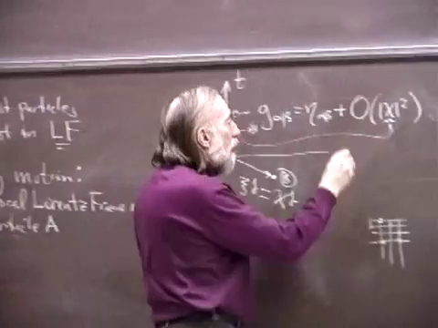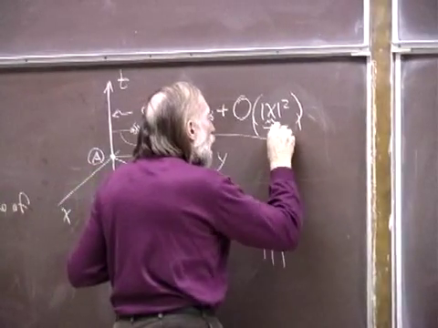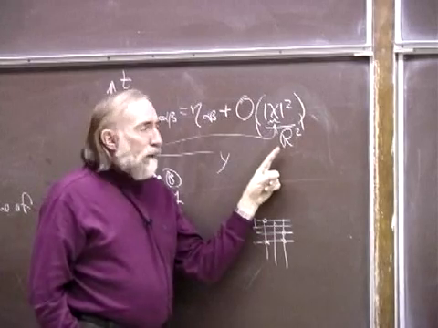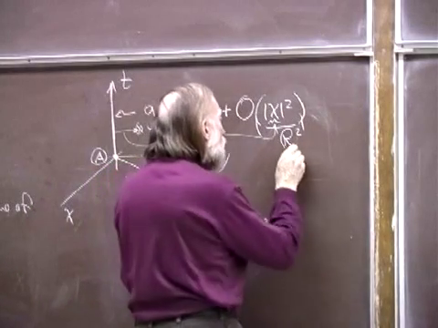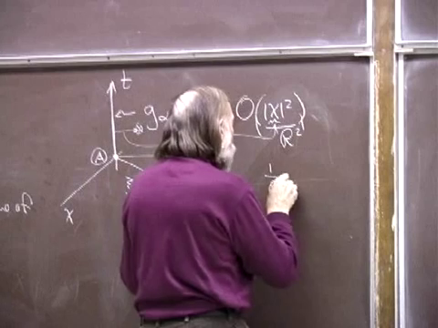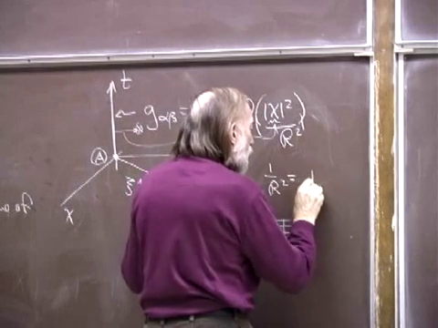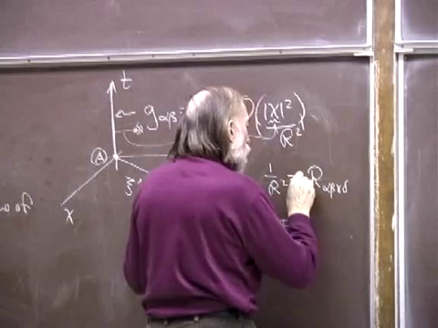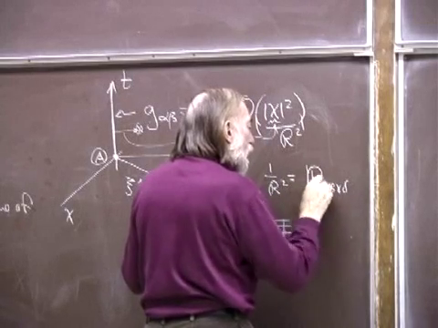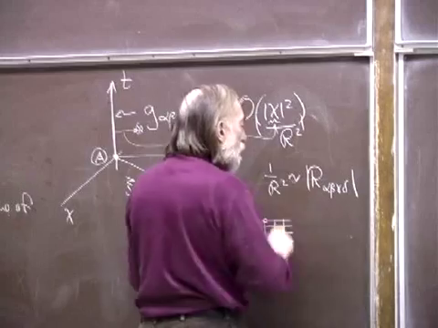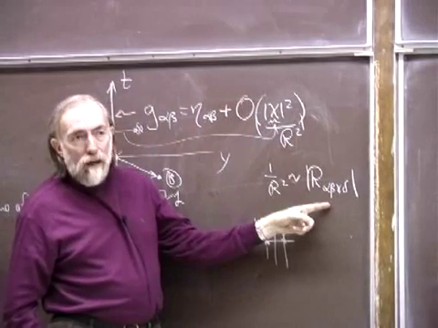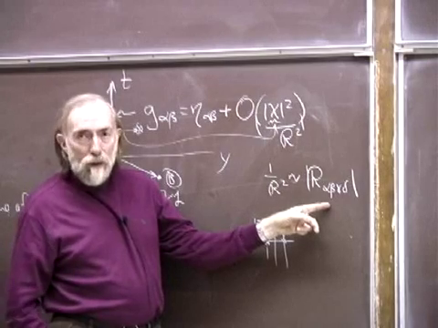It's actually of order x squared divided by the radius of curvature of space-time squared, where 1 over the radius of curvature of space-time squared is basically the characteristic magnitude of the components of the Riemann curvature tensor in this local Lorentz frame. This has dimensions of 1 over length squared when we set the speed of light equal to 1, as I generally do.